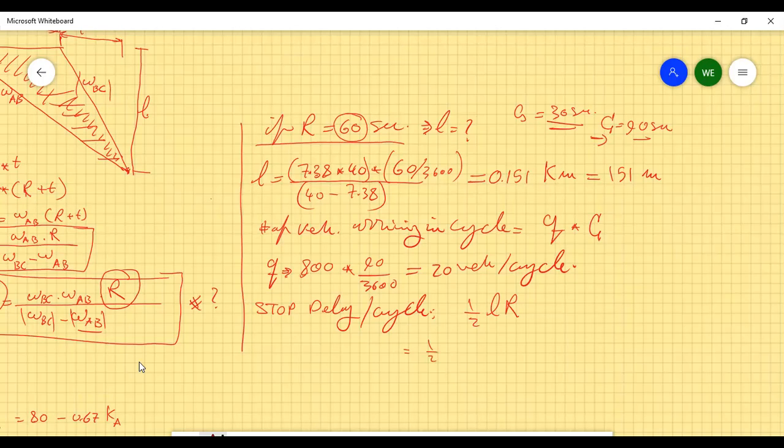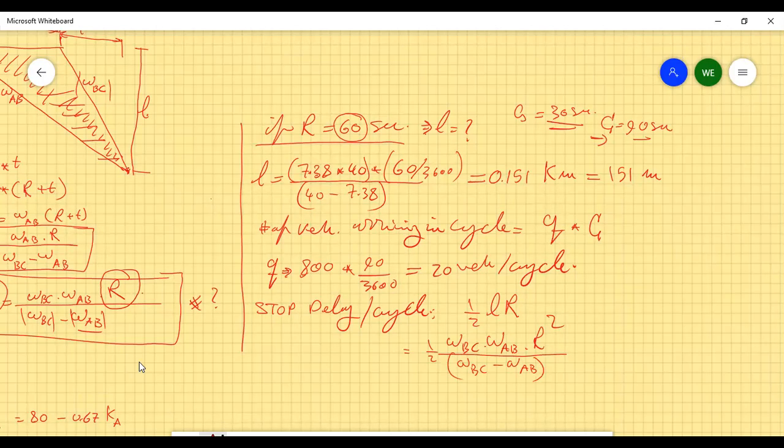Half L, which is omega BC times omega AB times R. R multiplied by R, this is R squared divided by omega BC minus omega AB.